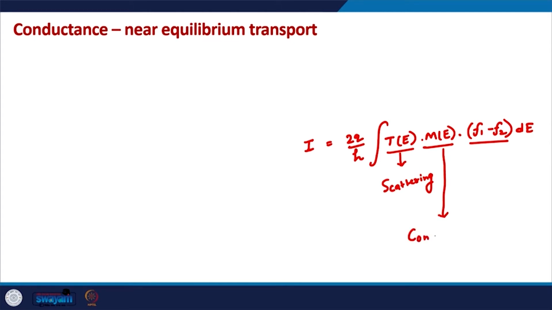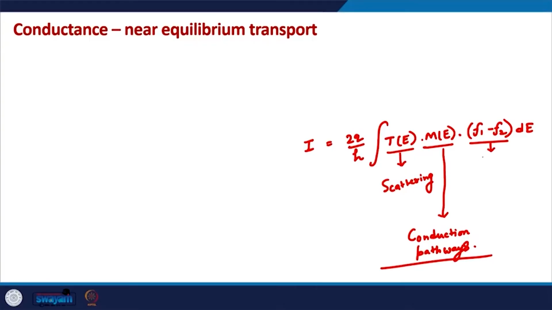Me accounts for the conduction pathways in the channel: how many conduction pathways are available for electrons to travel in the channel? This comes from the fundamental physics of the channel. F1 minus F2 describes the contacts and the applied voltages, and ultimately current is a cumulative effect of all these three things that go on in a device.